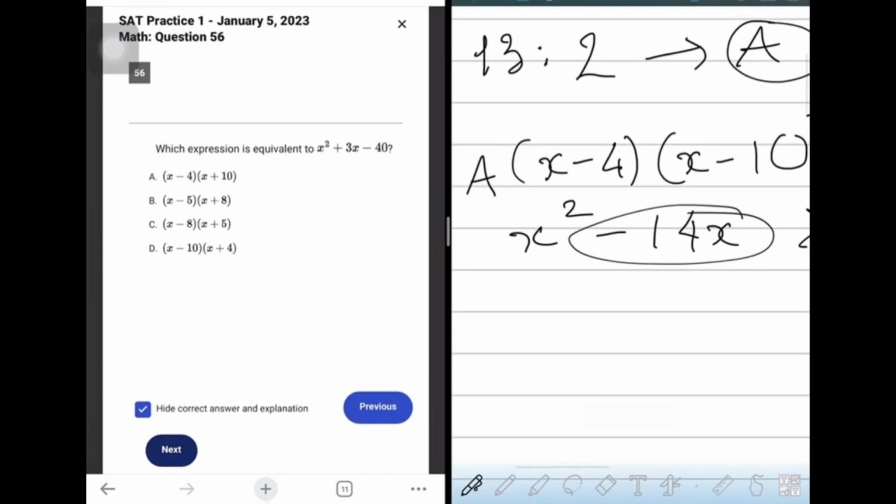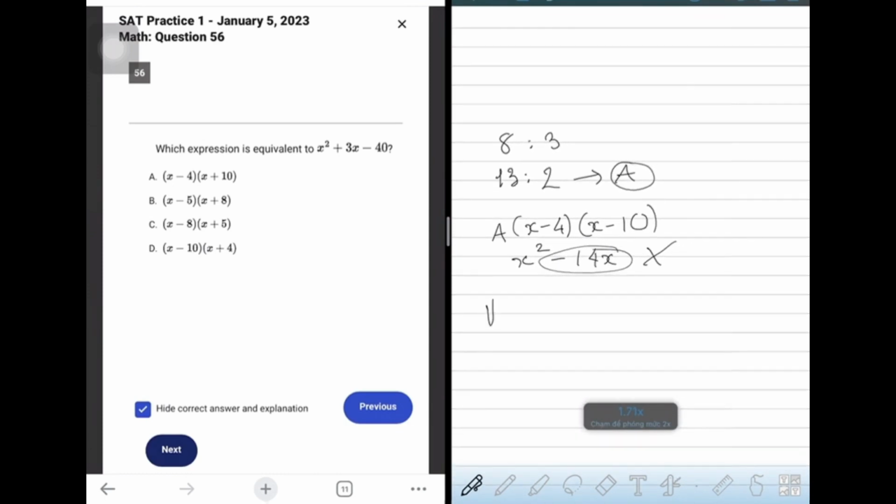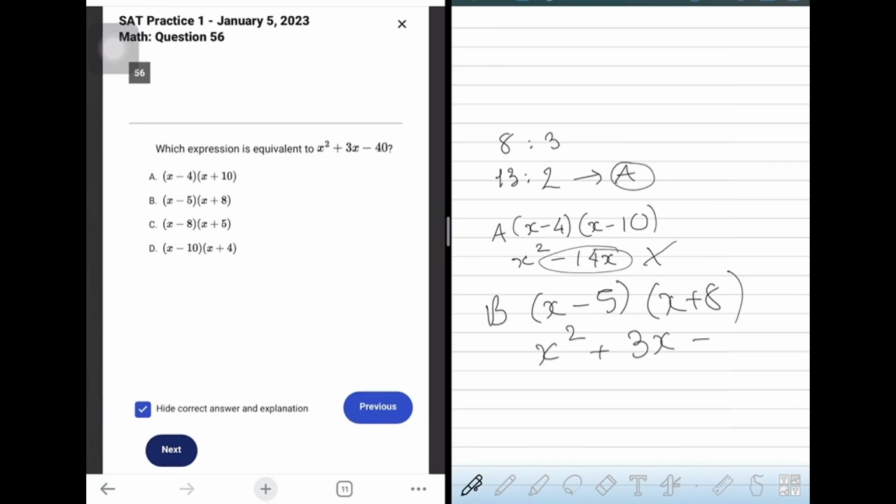So move to B. Letter B is x minus 5 and then x plus 8, so x square and then plus 3x and then minus 40. You see it's the same as the question, so the correct answer is B.